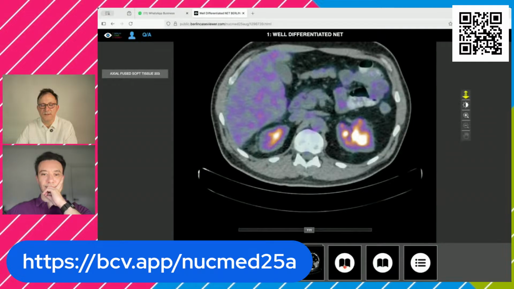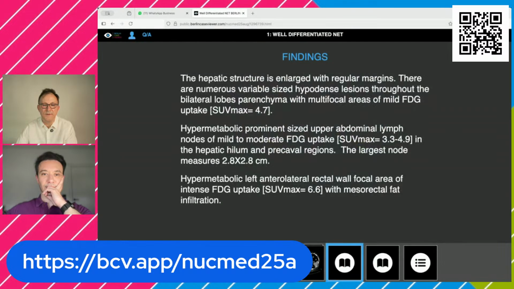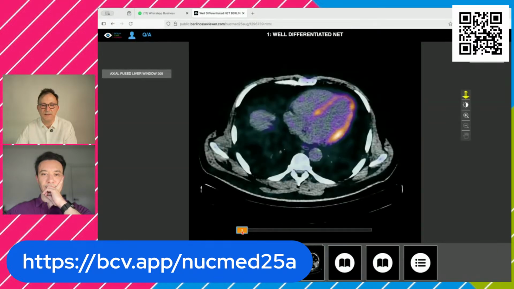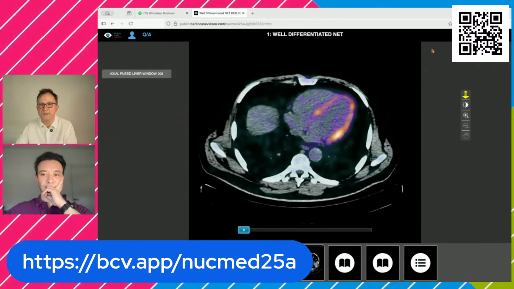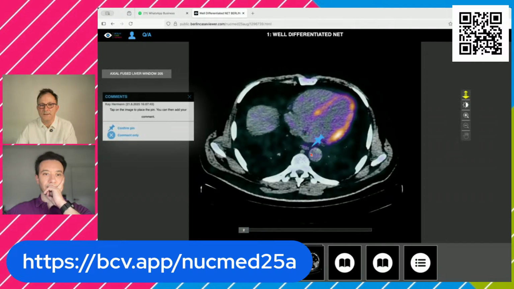Sometimes you have these summaries at the end of the case, and if there is something that is especially of interest to you, you can use this pin and comment button. If you click it, you can place this blue pin here and confirm the position with the mouse, and this also works on your mobile device, by the way.